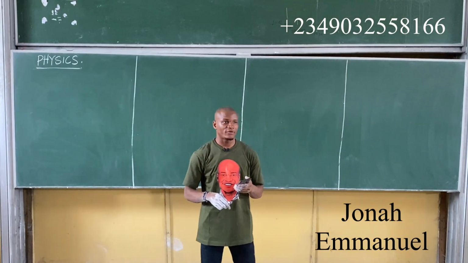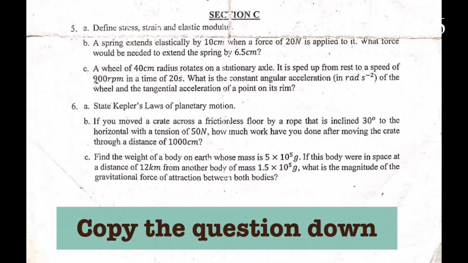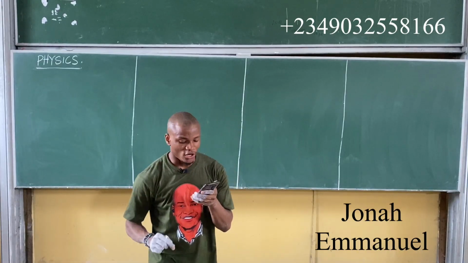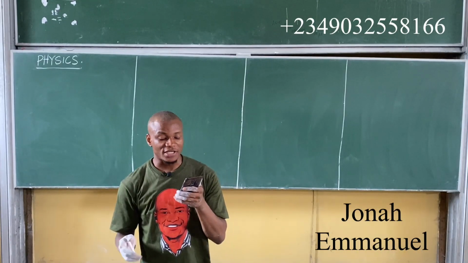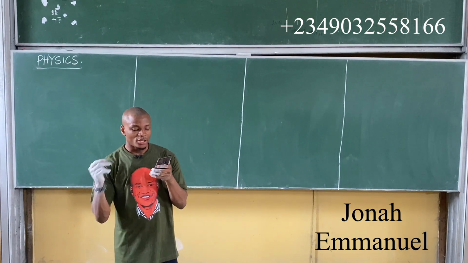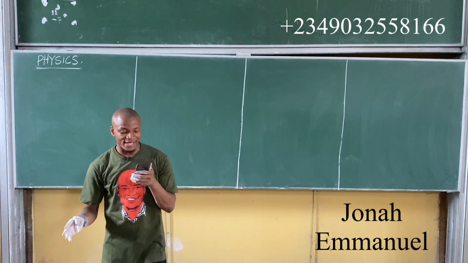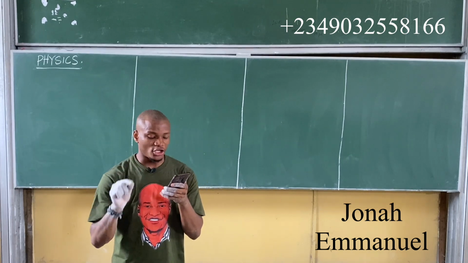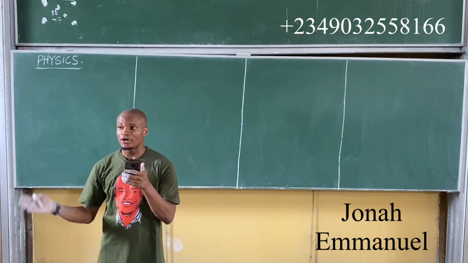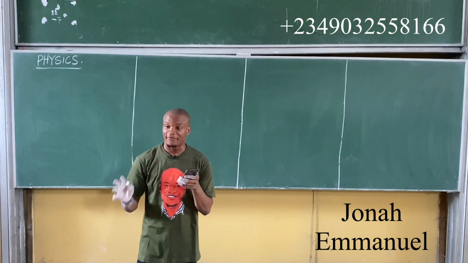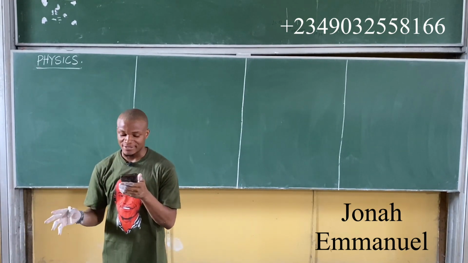Alright, let's look at the last question from there. It says, find the weight of a body on Earth whose mass is 5 times 10 to the power 5 grams, if this body were in space at a distance of 12 kilometers from another body of mass 1.5 times 10 to the power 5 grams.